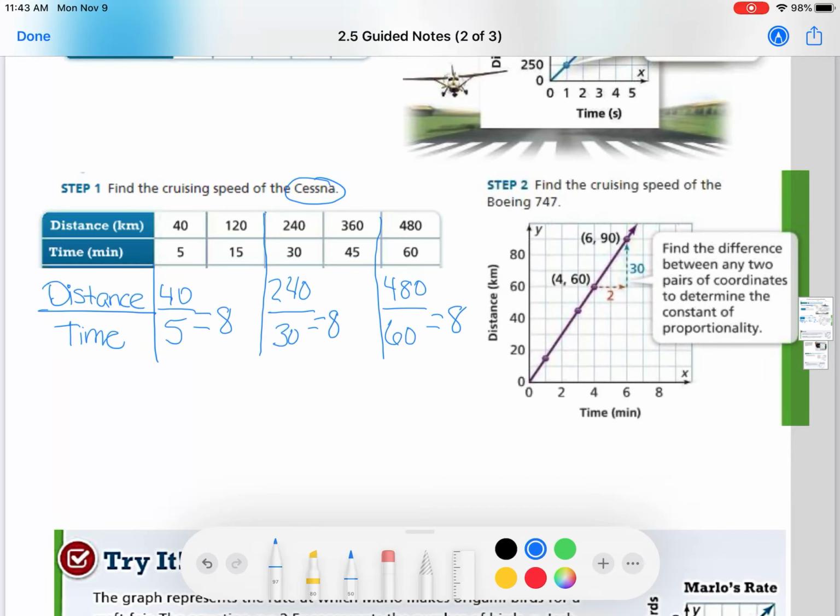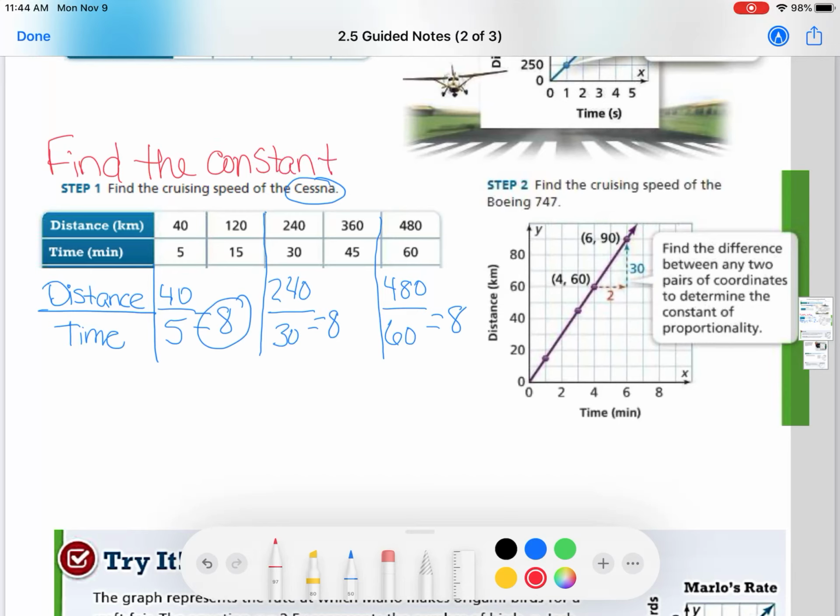Notice that it's consistent every single time when we do that division, no matter what those numbers were. That means the speed stayed consistent, and the speed had something to do with 8. Now I should make a note that our goal is to find what's called the constant, the constant thing that keeps happening.